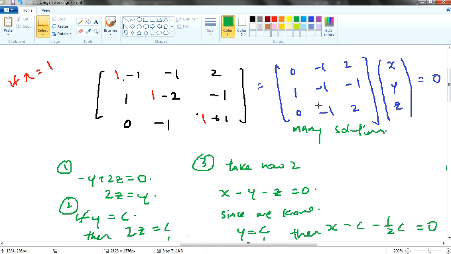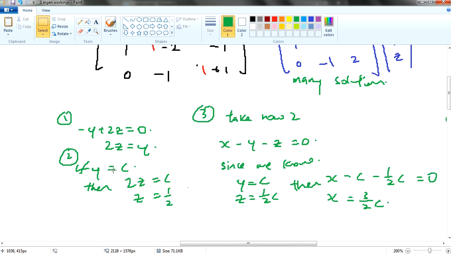What you do is take these two and do a relationship with each other. So you know that this is in fact minus y plus 2z. 0 times x equals 0, minus 1 times y, and so on. So minus y plus 2z equals 0, and then 2z equals y.